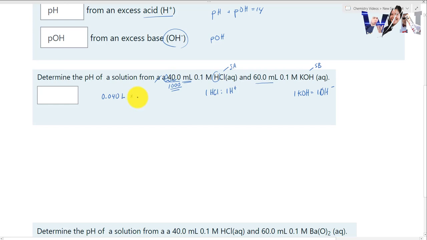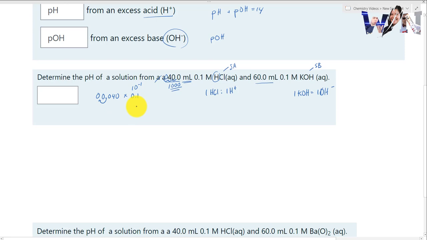We take the volume times the concentration, and that gives us moles. So times 0.1, and 0.1 again is 10 to the negative 1. So we are moving this to the left to make it even smaller when we do the math.